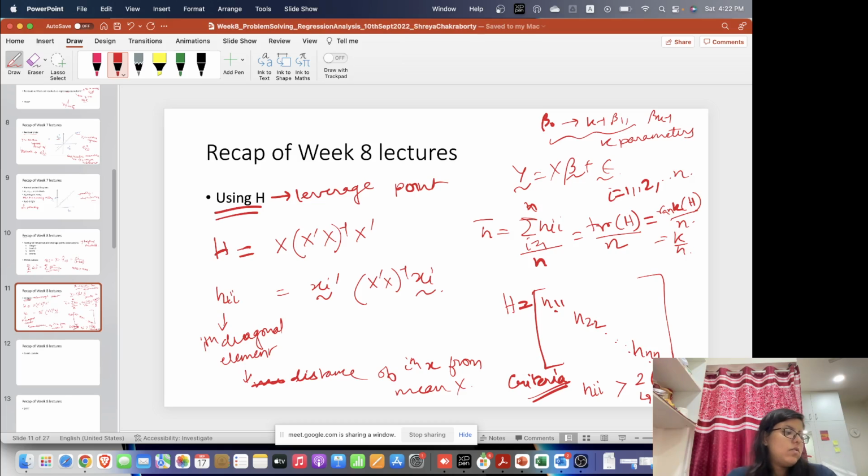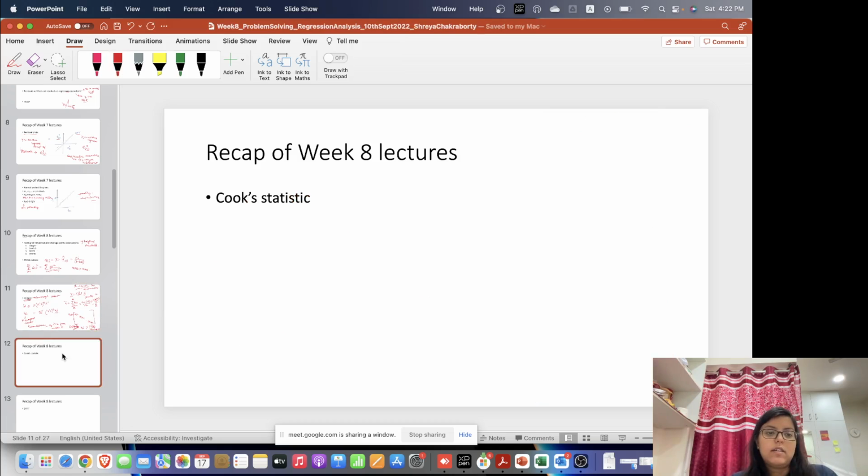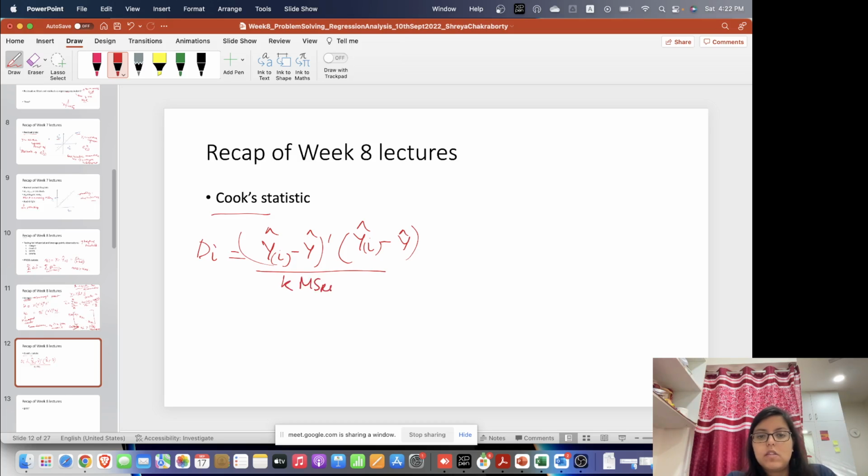Okay, so another criteria that was used was the Cook's D statistic. The Cook's statistic was something like D_i equal to (y hat minus y hat_i) prime (y hat minus y hat_i) divided by k times MS residuals, where y hat_i was nothing but the predicted y leaving out the ith observation.